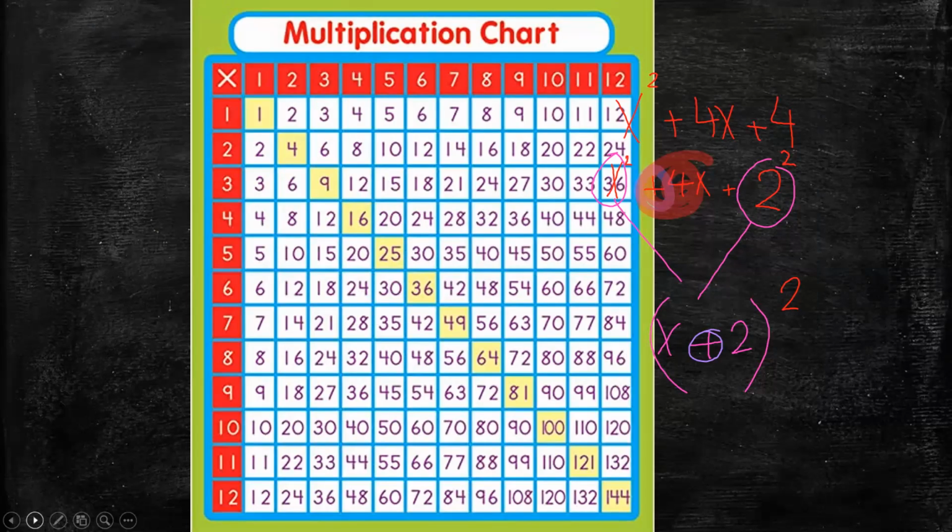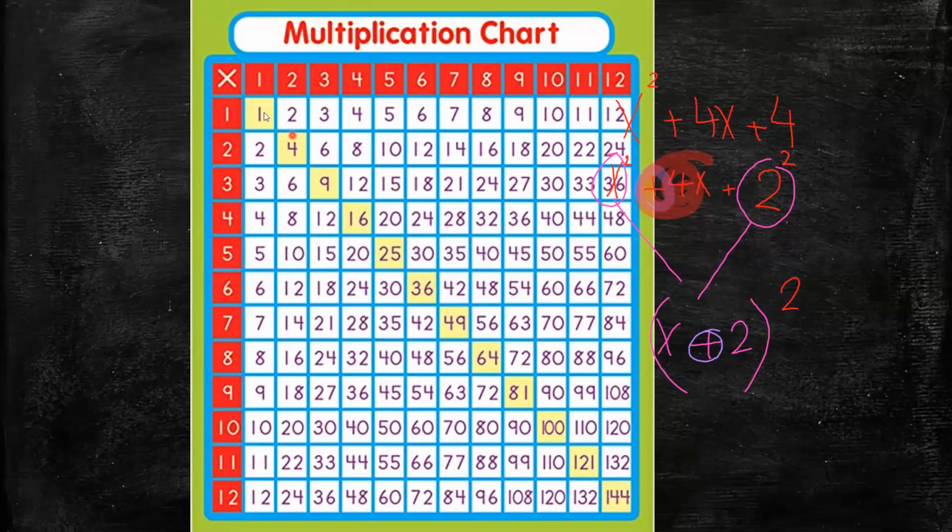Like 1 times 1 is 1, 2 times 2 is 4, 3 times 3 is 9, 4 times 4 is 16, until 15 times 15, 225, 20 times 20, 400, and so on. So if you multiply 8, as an example, times 8, you get 64.